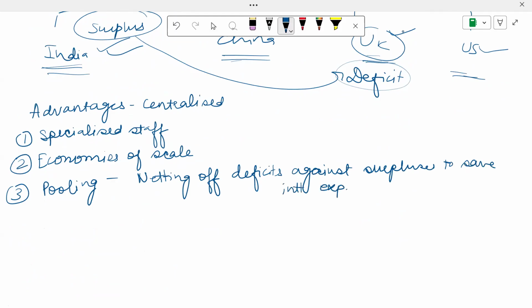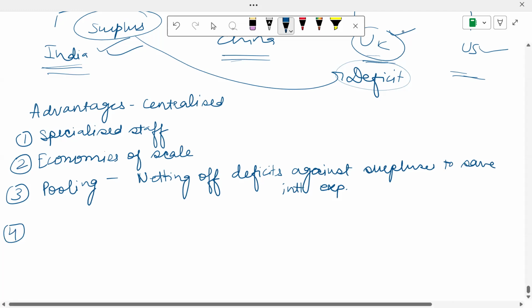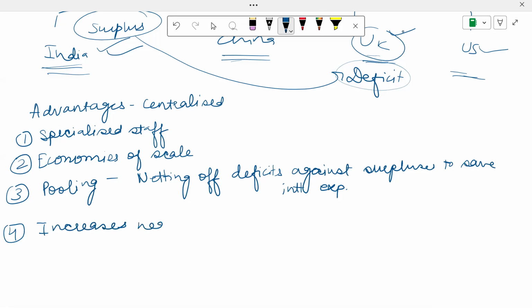The next advantage is that it increases your negotiation power with the banks.